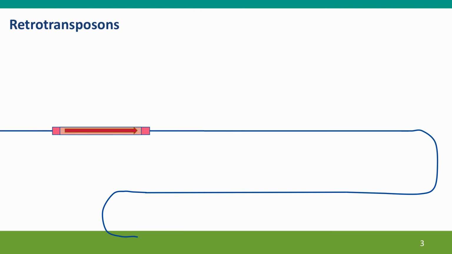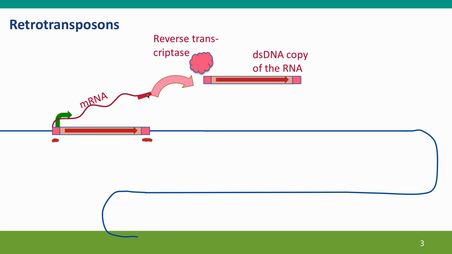So retrotransposons are in many ways similar to the DNA-based transposons that we just discussed, but there's one big difference. Again, we have an element with repeated sequences, a particular recognition sequence at its ends, and an internal segment that codes for a protein. This segment is transcribed by RNA polymerase into messenger RNA, and it's translated into a protein.